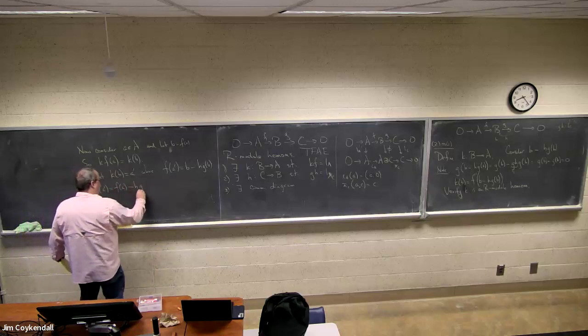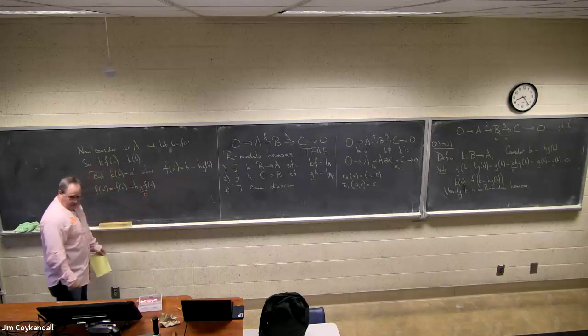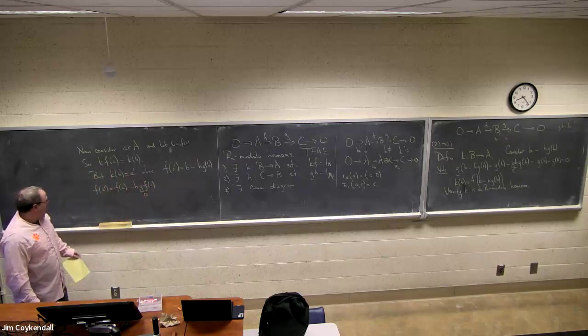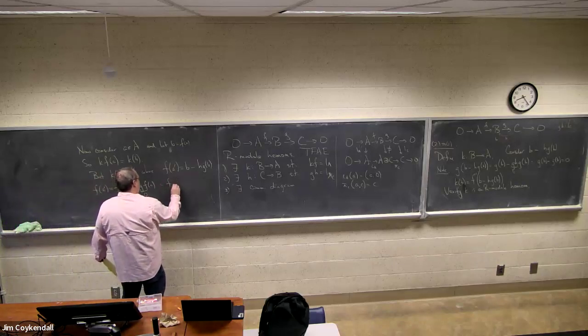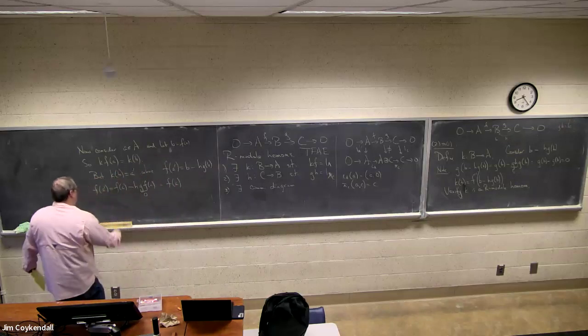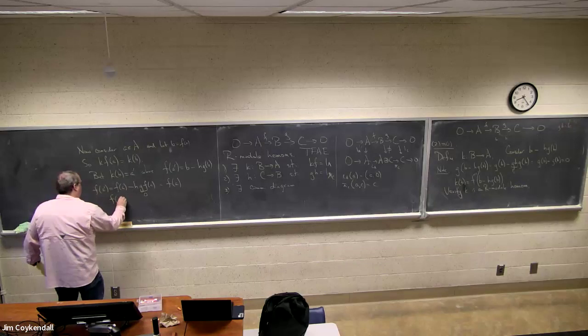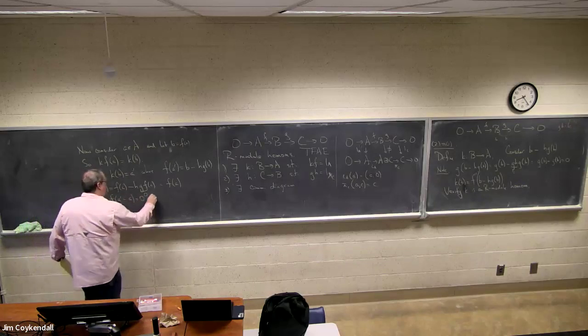Minus HG F of A. And notice that FG is the zero homomorphism. So this is F of A. Therefore, F of A prime minus A is equal to 0.